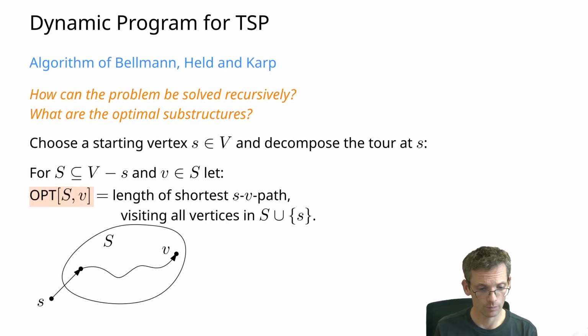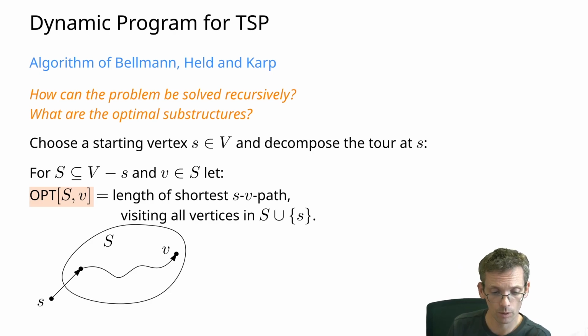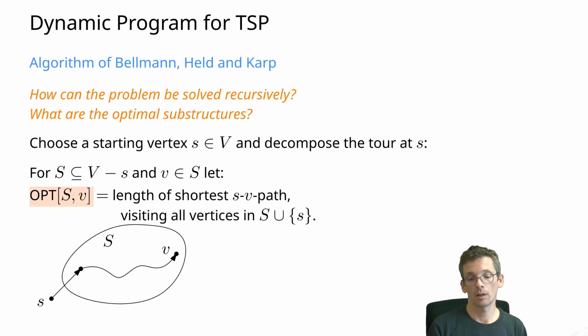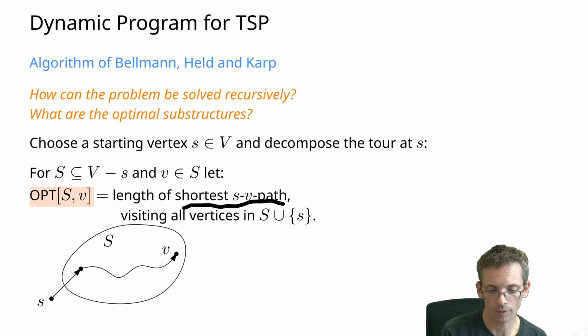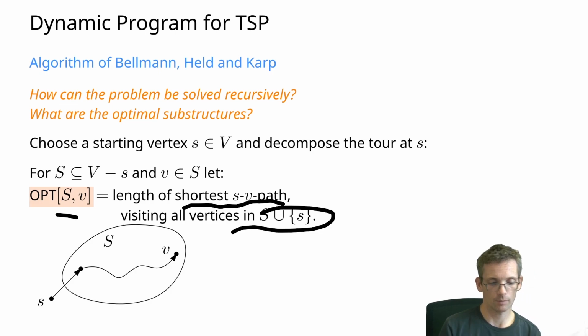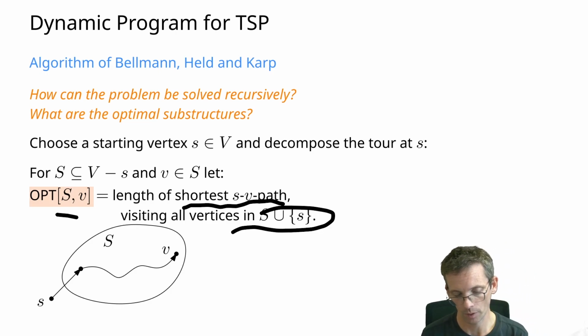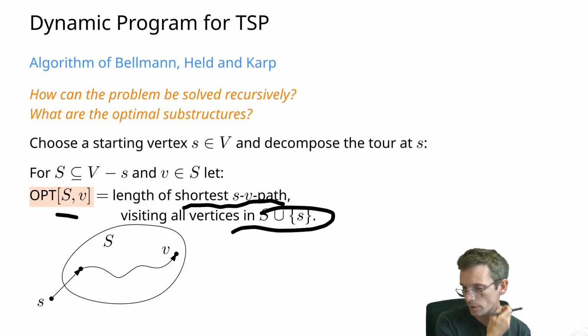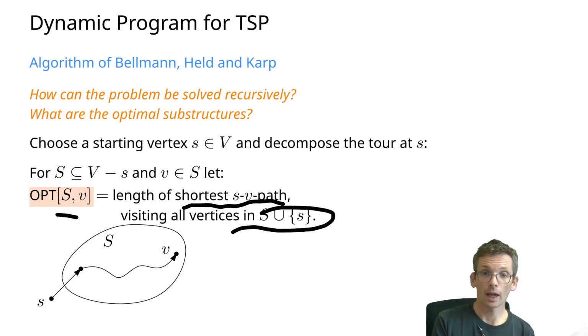What we're interested in is, for every subset S and every vertex V, the length of the shortest path from S to V visiting all vertices in this set S. And S is a subset of the vertices, not including the start S, but that we visit because we started there. And this we can compute recursively.